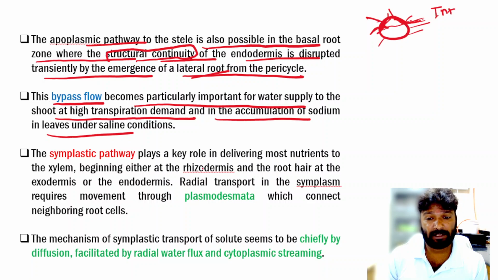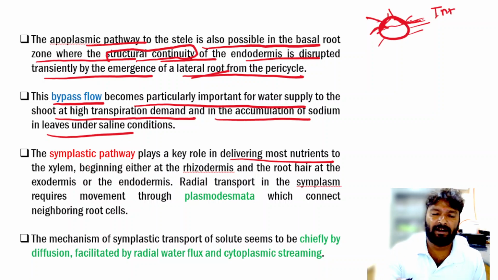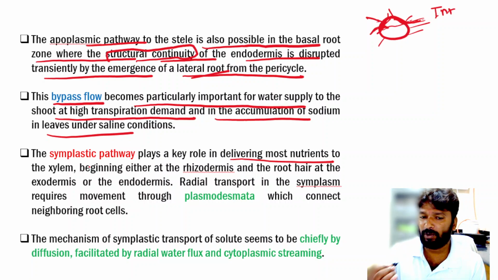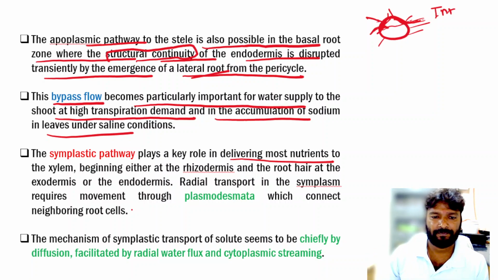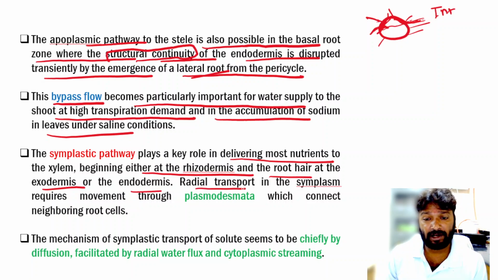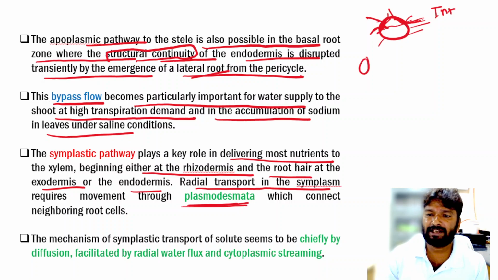The symplast pathway plays a key role in delivering most nutrients to the xylem, because in the apoplastic pathway there is a blockage of transport, beginning either at the rhizodermis and root hairs, at the exodermis or the endodermis, and radial transport in the symplast requires movement through the plasmodesmata which connect the two cells.